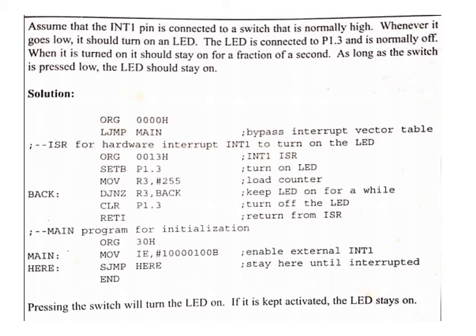The LED is connected to port 1 pin 3, and it will glow. This indicates that an interrupt signal has been received, or the microcontroller is interrupted. So first you need to understand the question, then you need to write the program.